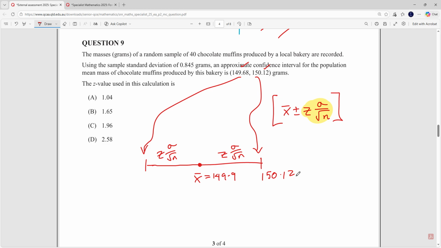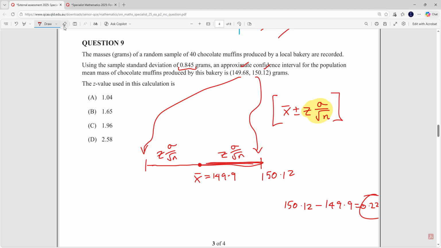If we work out that difference, you'll notice this actual physical distance is not the same as that one there, because if that were true, it'd be a lot bigger. So literally, if you take 150.12 and minus 149.9, that gives you 0.22. So that's the length of the confidence interval right there.